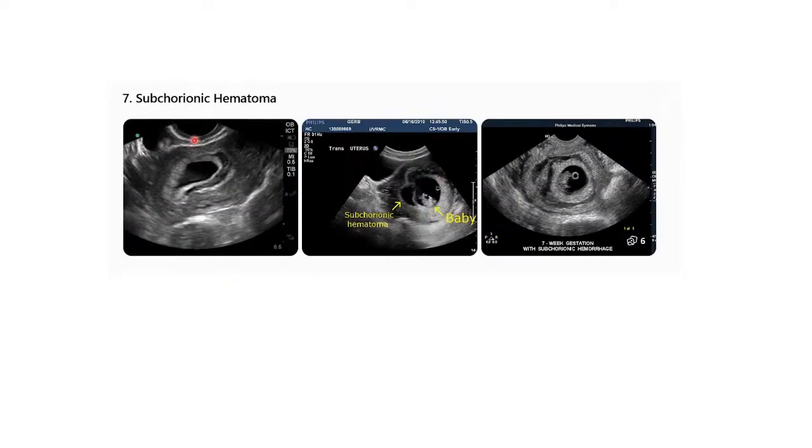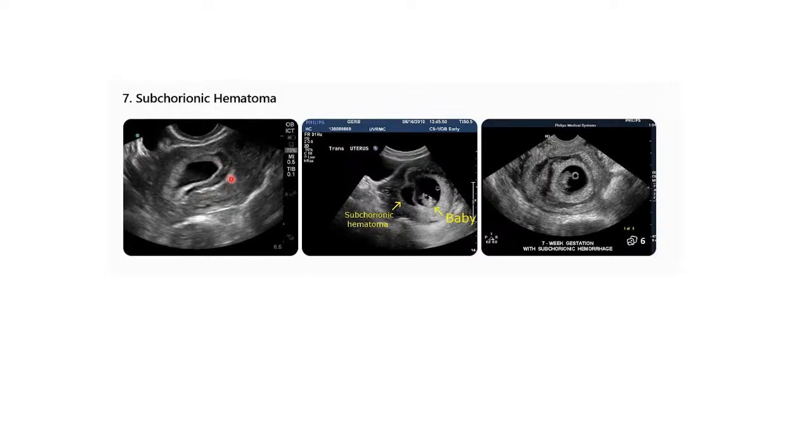Now we also have what is called the subchorionic hemorrhage. On the other side of the chorion there is what is called the subchorionic hemorrhage. You can see the gestational sac there, but there's another anechoic space, that ring that you are seeing there.